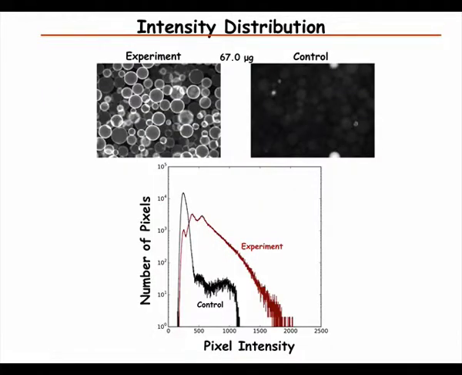One thing we can do is compare one of the experiments to one of the controls and plot a histogram of the pixel intensity. Then we see that for the control there is a large peak at low pixel intensities, and then there is a tail, and the experiment has a much longer tail, which is not so unexpected.